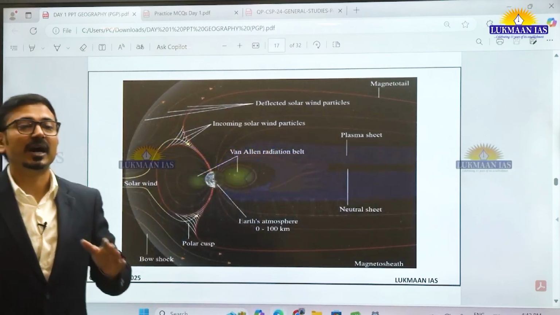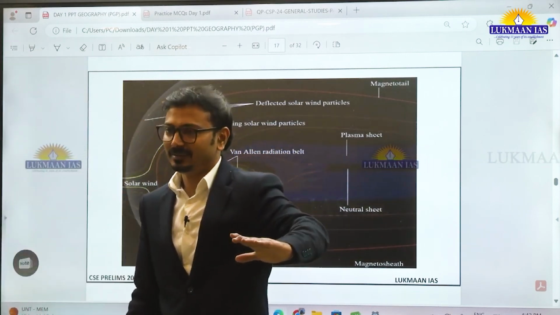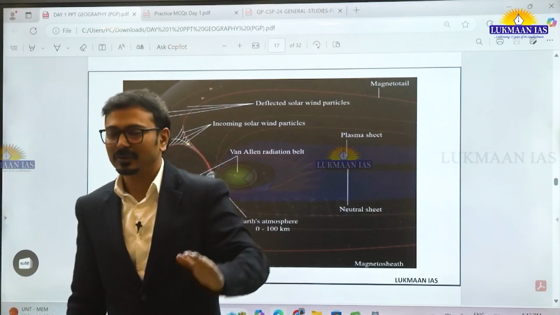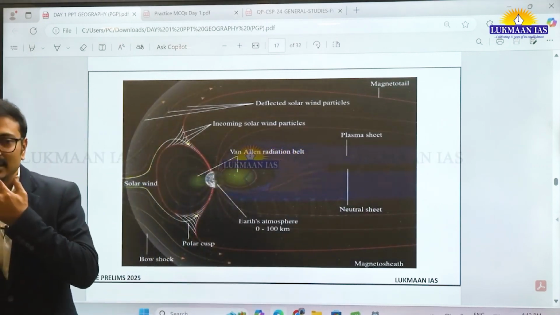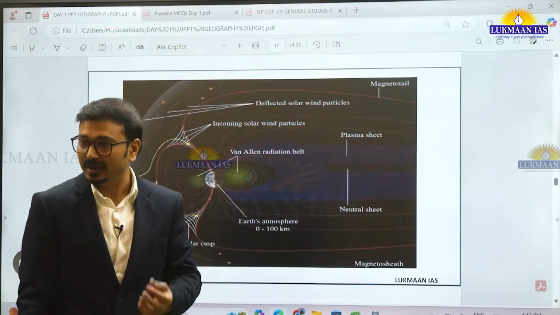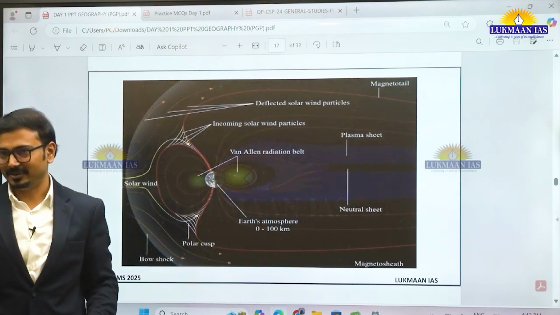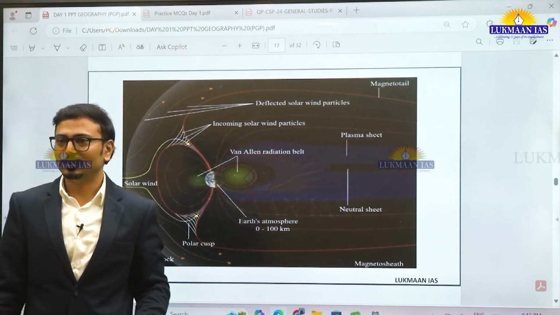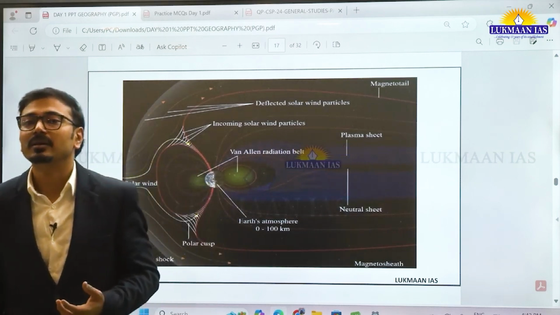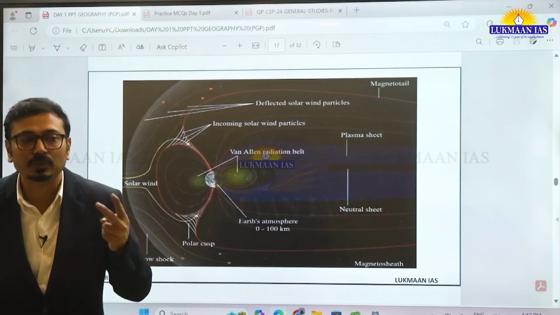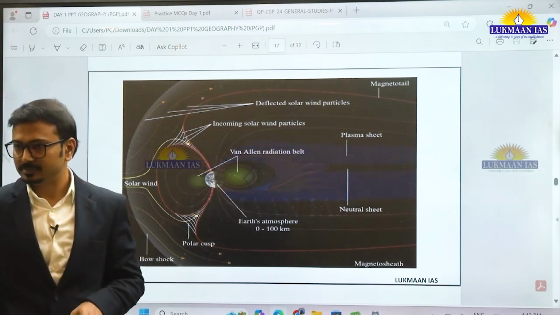They are charged plasma particles, but they are comparatively slower, and they reach up to 2 to 3 days from sun surface to earth surface. But these charged plasma particles are very harmful. And here the role of earth's magnetic field. ठीक है, तो जब हम solar storm बोलते हैं या geomagnetic storm बोलते हैं, so it is largely because of these two, solar flares and coronal mass ejections.